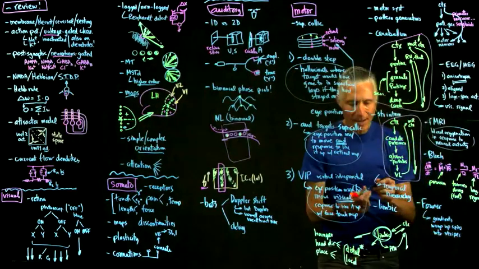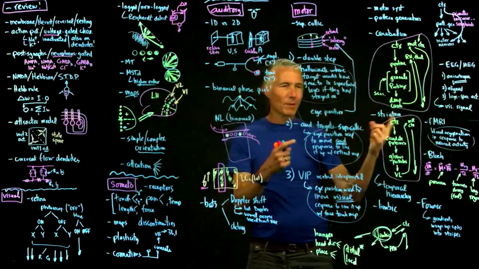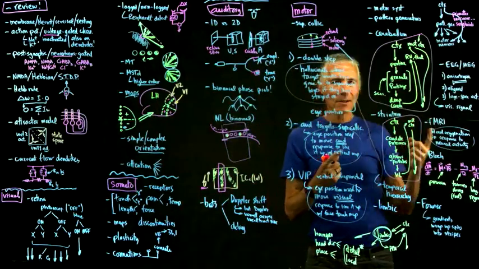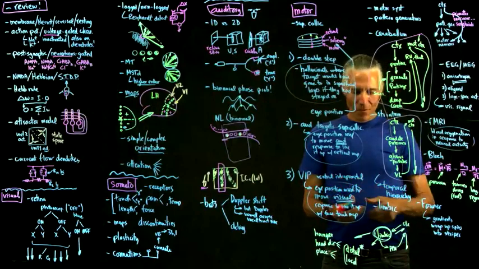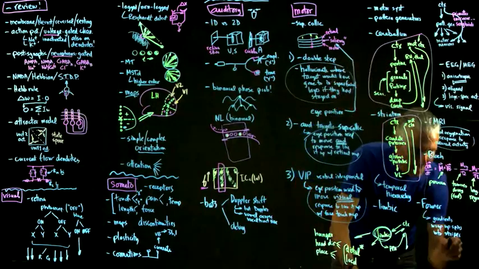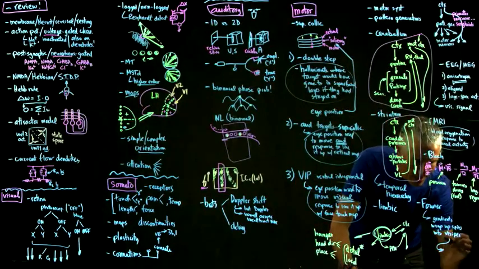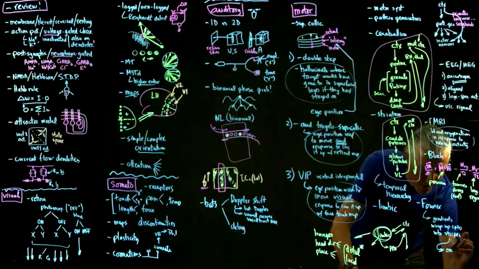So if you turn a gradient on, it makes the ones at the high end of the gradient go faster, and they get several cycles ahead. And those stripes are basically one term in the Fourier transform.